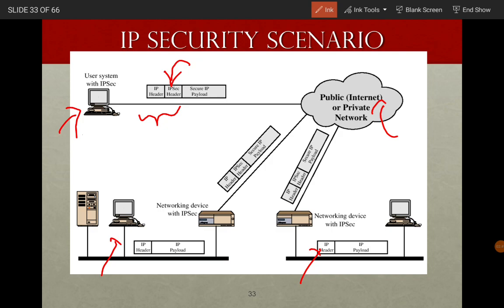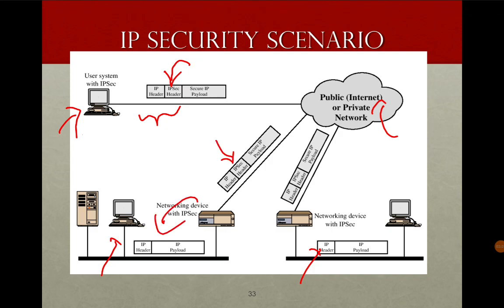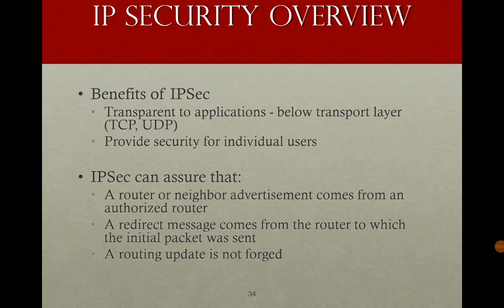In the LAN we have a network device with IP security. It checks for authentication and confidentiality. Once the connection is good and it thinks that they are authenticated, it allows the packet to enter the LAN network and it separates the IPsec header. So this is the process of IP security.